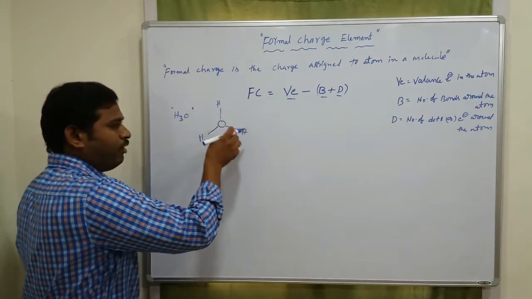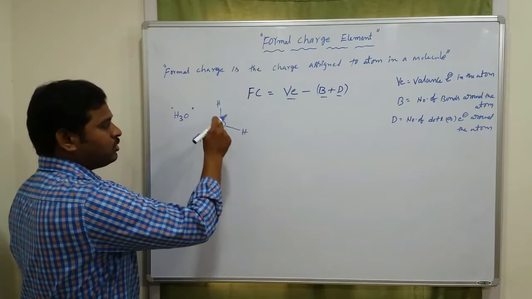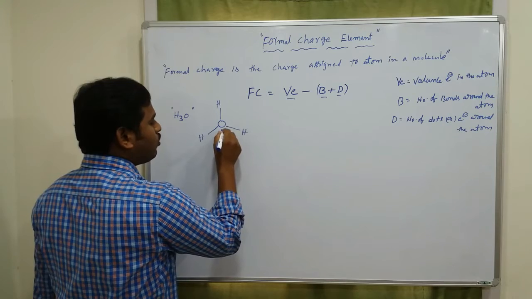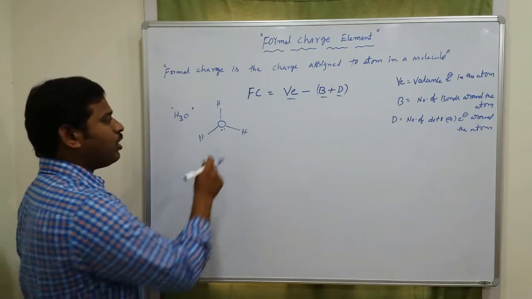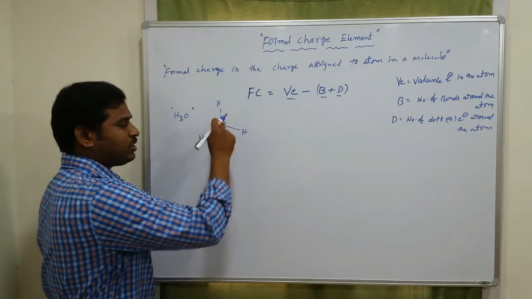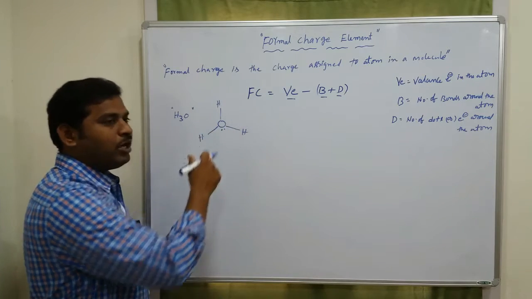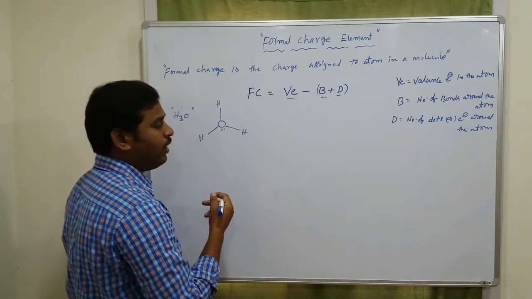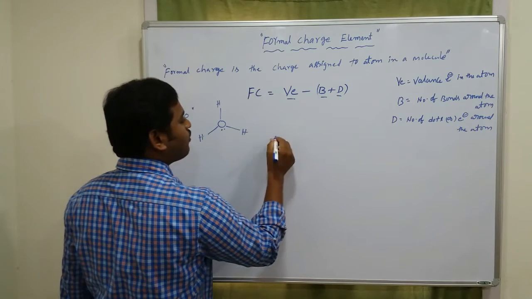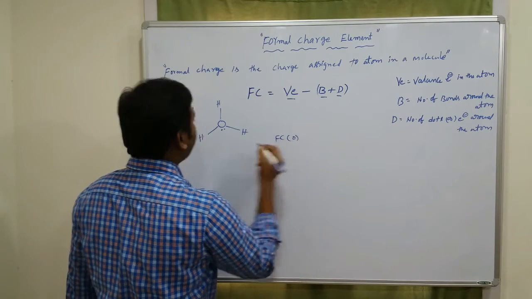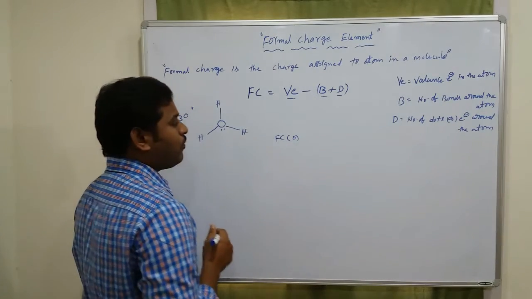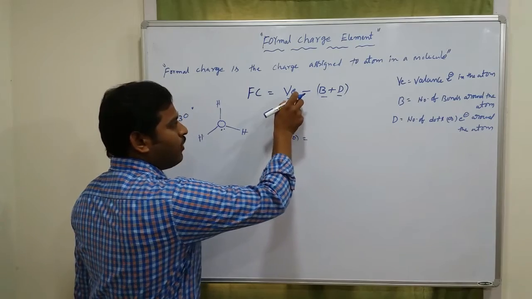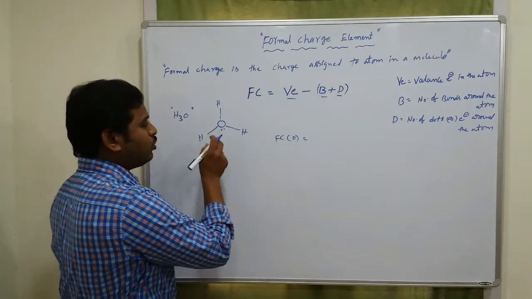If we assume there are 3 bonds, 3 twos are 6, plus it has a lone pair of electrons, so 6 plus 2 is 8. Only now can it satisfy the octet rule, so it has around 8 electrons. Now calculate the formal charge of the oxygen atom in the H3O molecule. Oxygen's valence electrons is nothing but its group number.